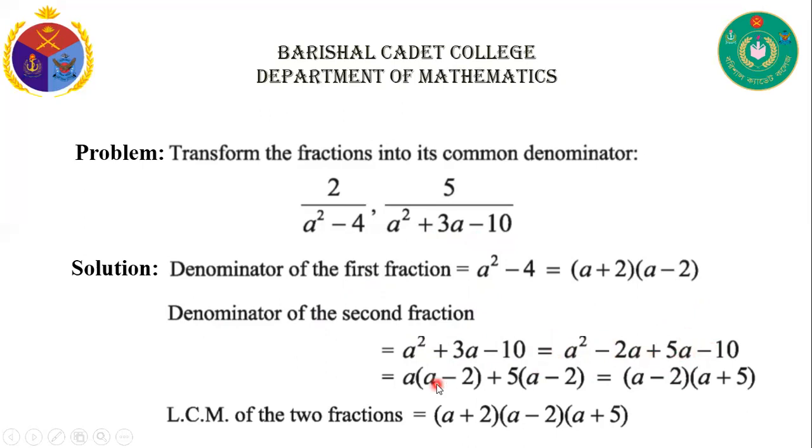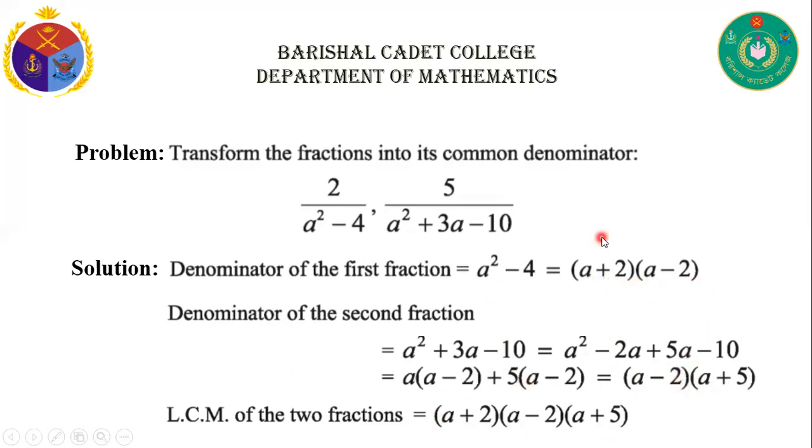So it factorizes as a minus 2 into a plus 5. Now both denominators are in factorized form: a plus 2 into a minus 2, and a minus 2 and a plus 5. So the LCM of the denominators of the two fractions is a plus 2 into a minus 2 into a plus 5.